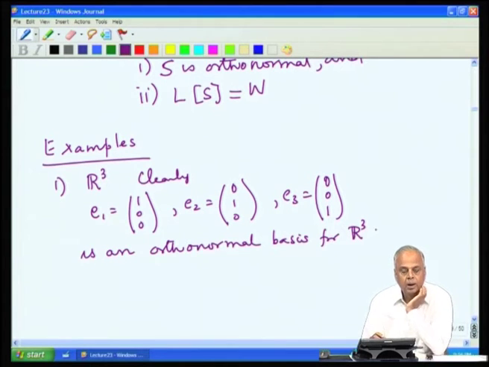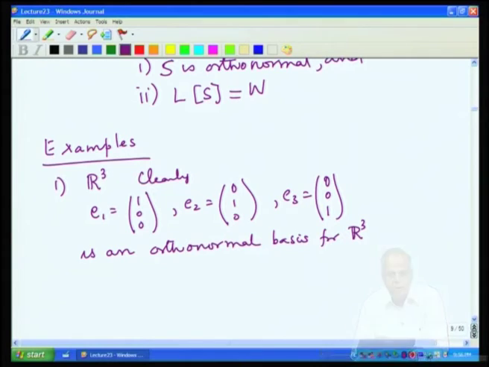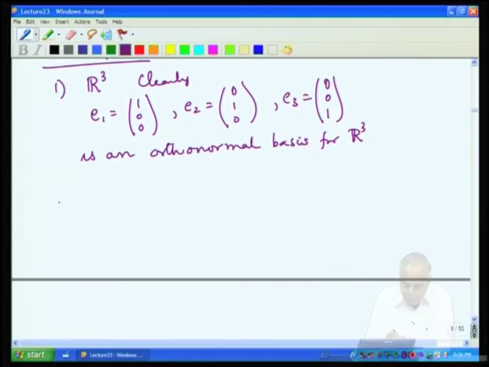Why? These are orthogonal to each other, because the dot product of any one with another is 0, and each one has length 1. Any vector (x1, x2, x3) in R 3 is obviously x1 e1 plus x2 e2 plus x3 e3, so this spans R 3. It is orthonormal and spans, and therefore it is a basis. This is the simplest example.